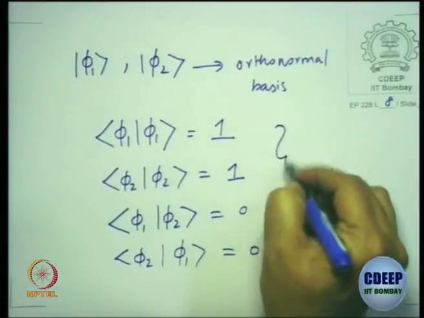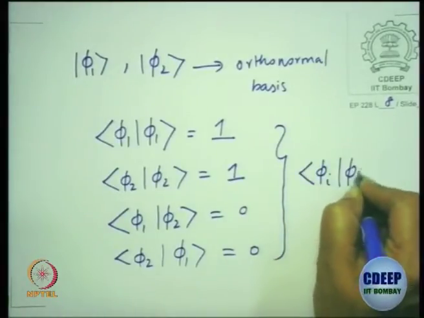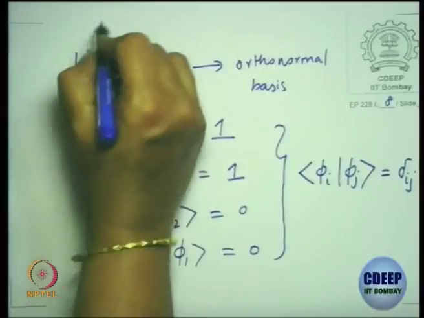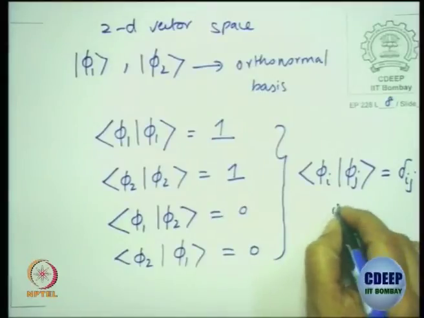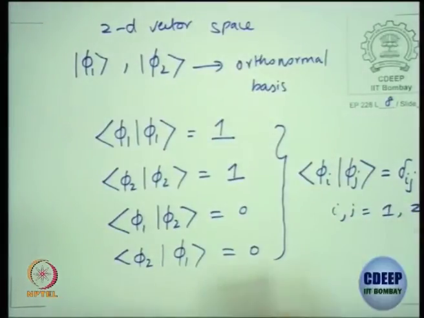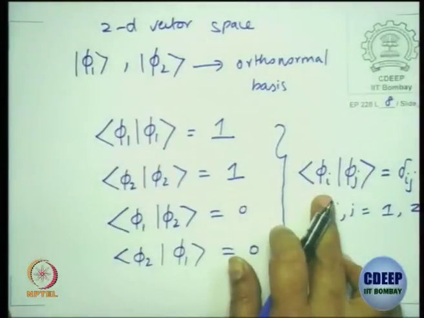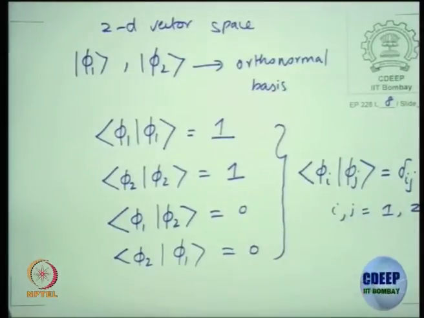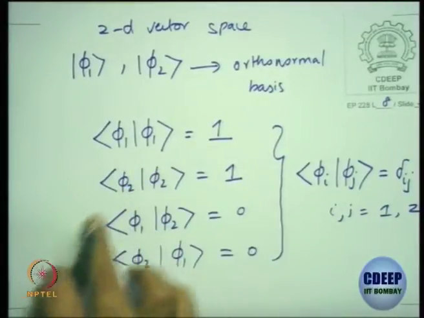This can be compactly written as the inner product of phi i with phi j equals delta ij. For a two-dimensional vector space, i and j will be 1, 2. Both i and j will take 1 and 2. This is compact. Now, you see the generalization. If I go to n dimensions, there will be n basis vectors, not 2 basis vectors, and it will satisfy this orthonormality condition. So, this is normalized, this one is orthogonal.